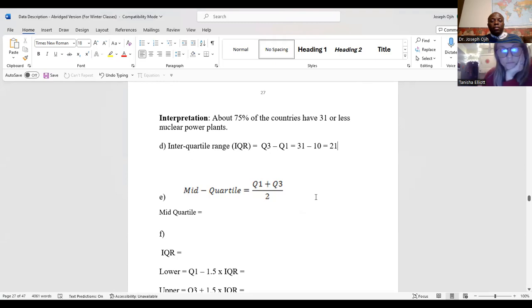For the midquartile, the formula says Q1 plus Q3 divided by 2. So for the midquartile, you just add them.